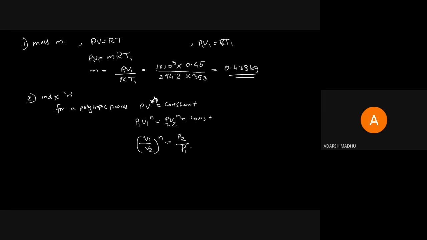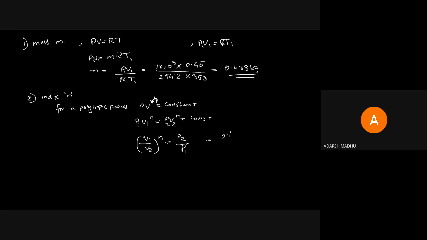We had written this equation. P2/P1 equal to V1/V2 all raised to n. So here V1 we know, V2 we know. V1 is given, V2 is given, P2 is given, P1 is given. Directly we can reach our equation.